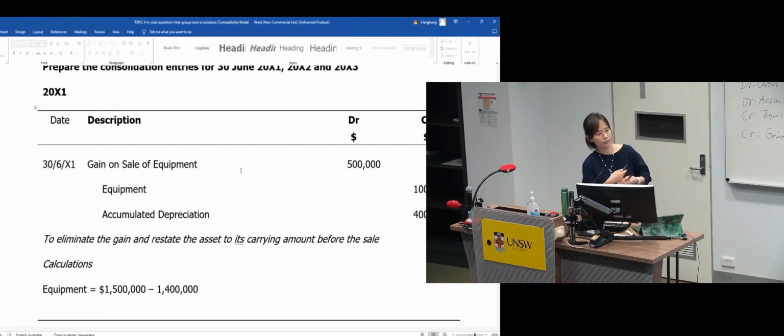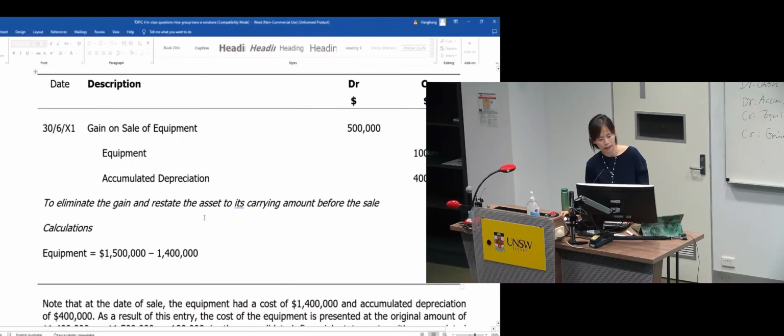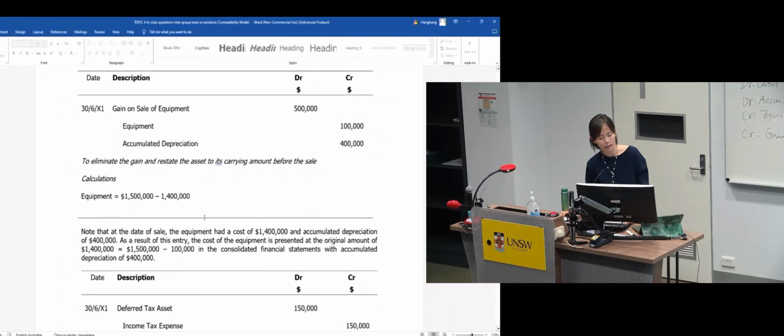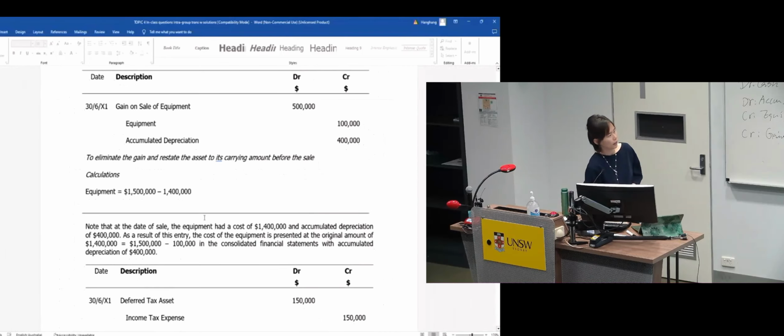Then we show the tax effect of the adjustment. No gain, no tax. The income tax expense should be reduced by 150,000, and the DTA should be recognized, raised by 150,000, because the equipment's carrying amount is lower than the tax base by 500,000 after these adjustments.